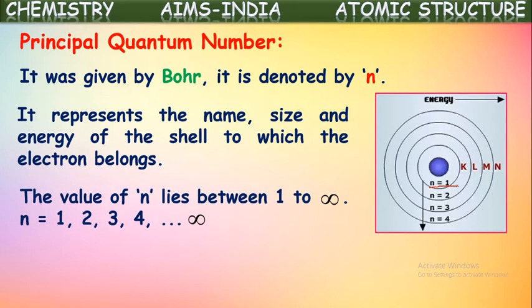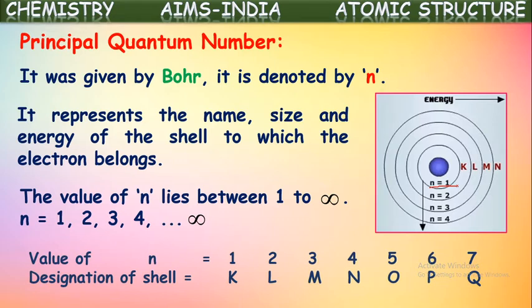The value of n lies between 1 and infinity, so there might be an infinite number of orbits in an atom. That means n is equal to 1, 2, 3, 4 and so on till infinity. It might be any of these, so this represents the number of the orbit.